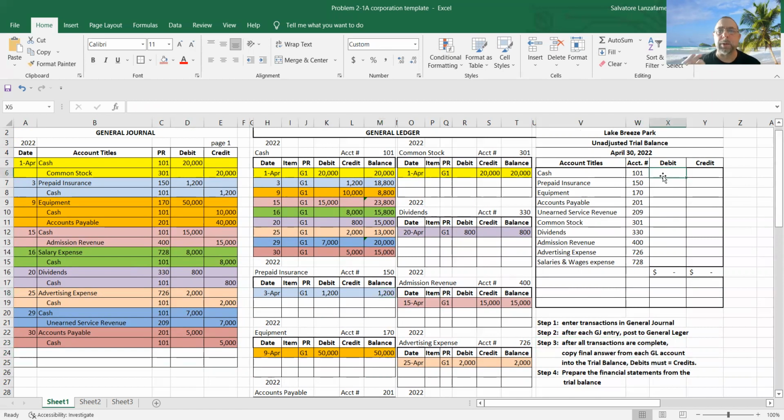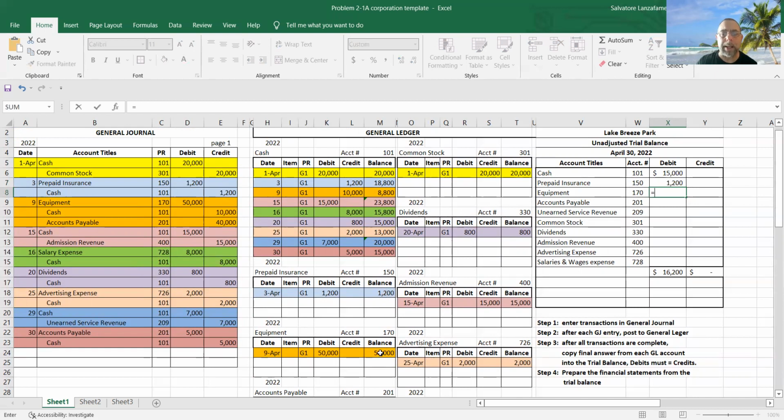So here's where your debit aid and your liquor are going to kick in again. So you've got to know that cash of $15,000 is a debit balance. You have to know that, or else you might put it in the wrong spot. Prepaid insurance, another asset, carries a debit balance of $1,200.